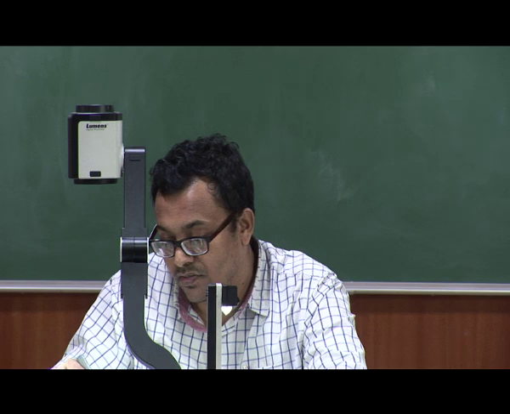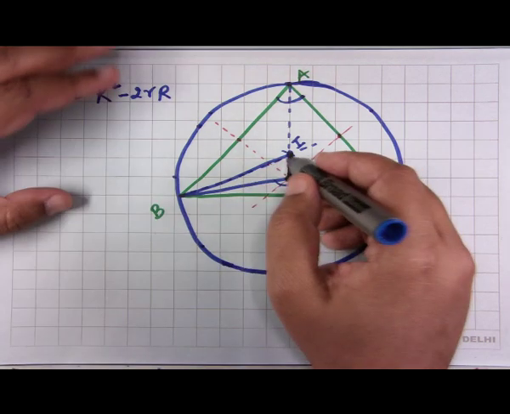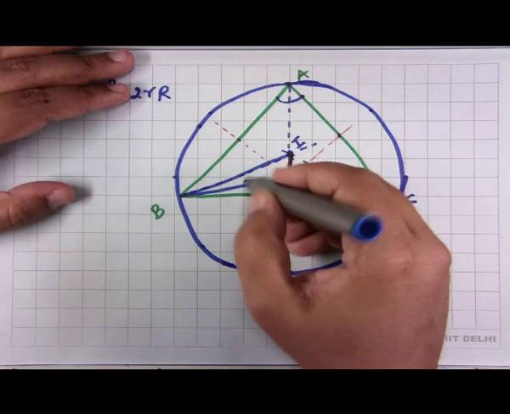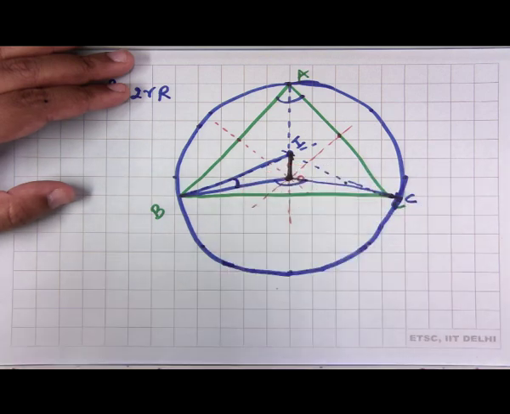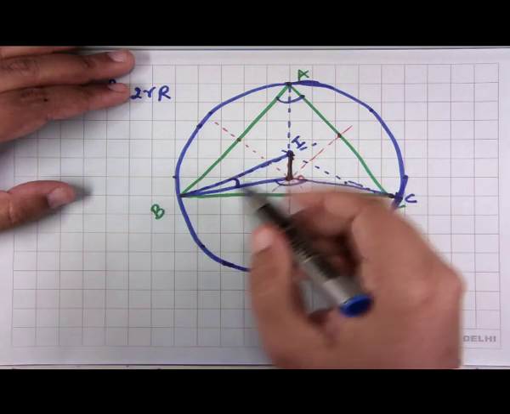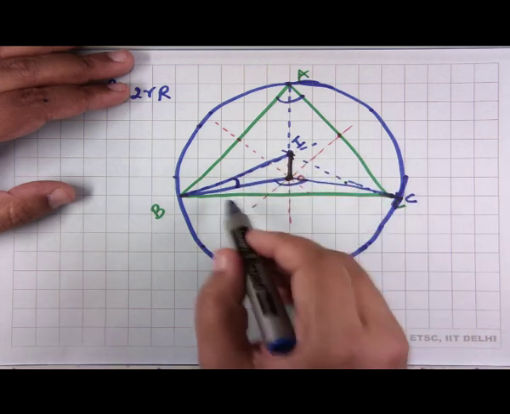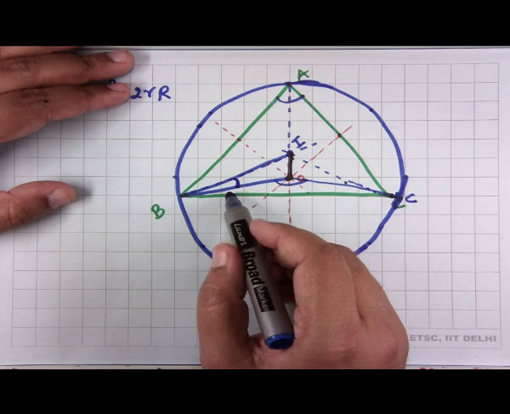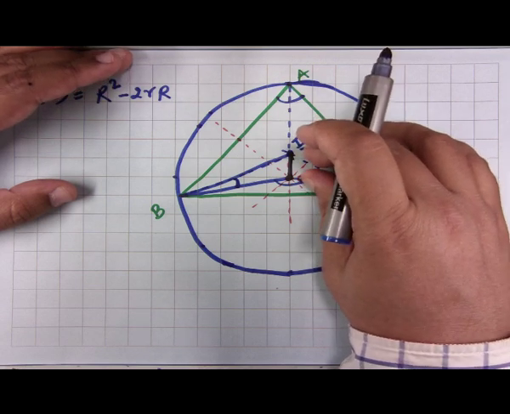So, we will be focusing all our attention on this triangle BIO, and the way to solve this problem will be to first find the expression for this angle, and then also the length BI and the length BO, and then use the cosine formula for angle B. That should help us to get this length OI.